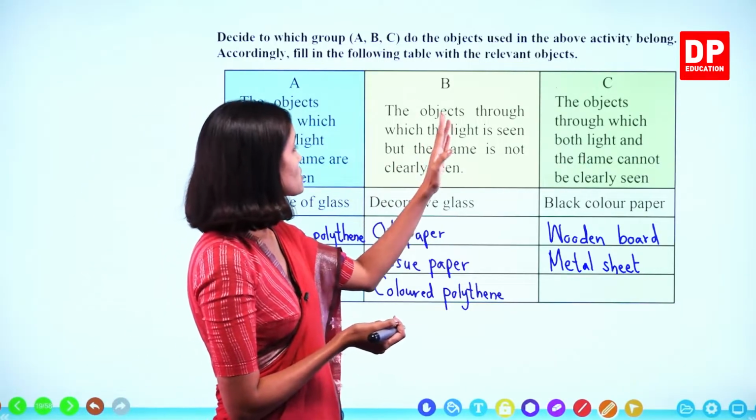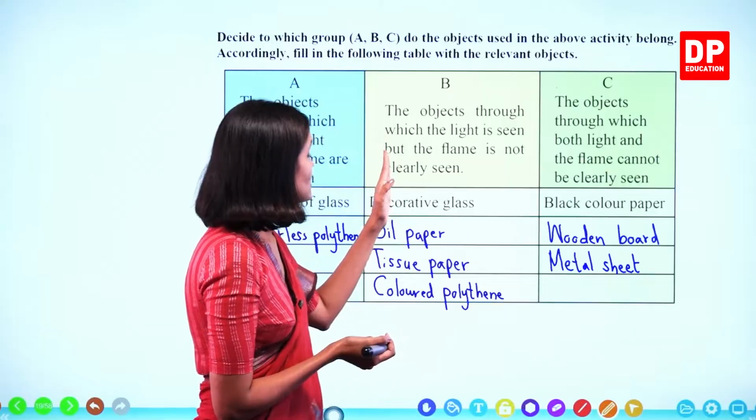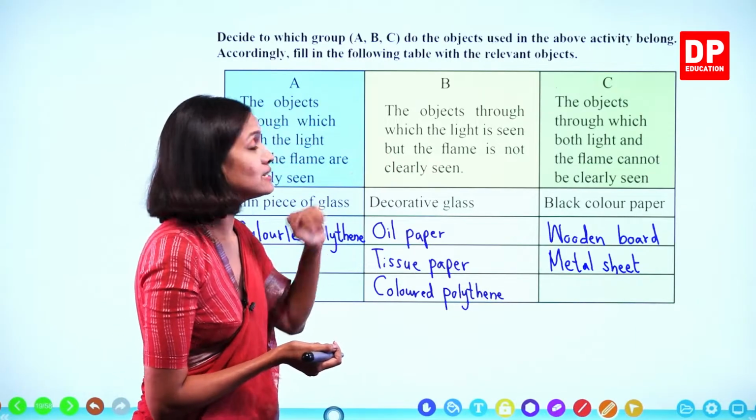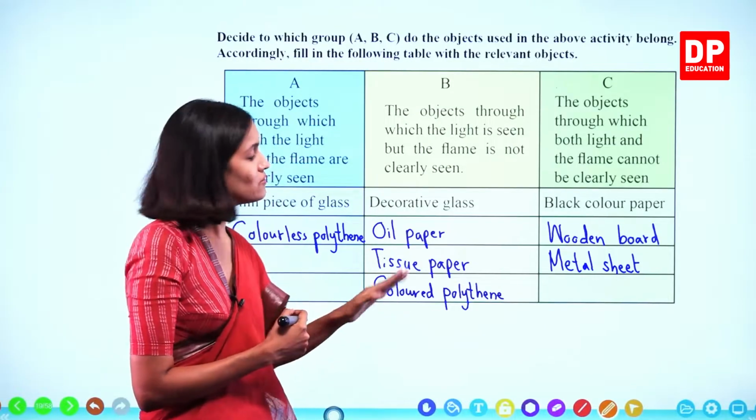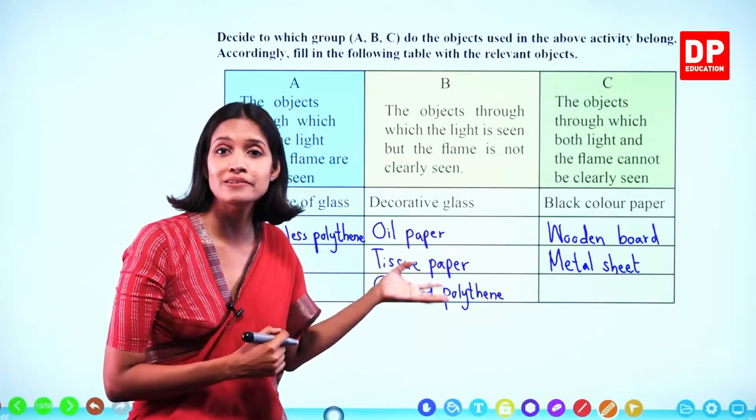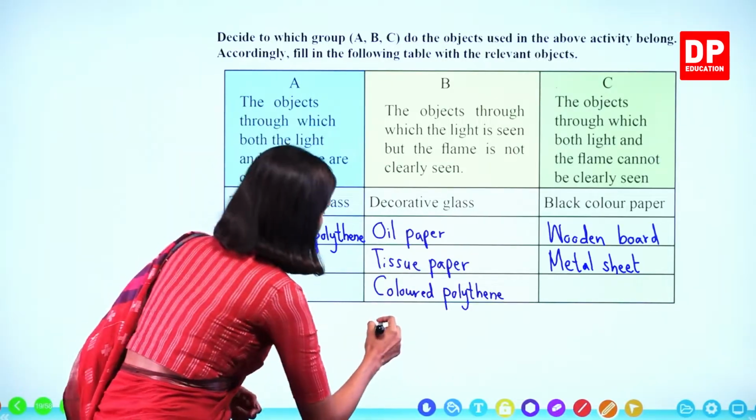Second group, the objects through which the light is seen but the flame is not clearly seen, right? So decorative glass, oil paper, tissue paper, colored polythene. So according to observations, we can even include the newspaper and white paper too. We will write them too.